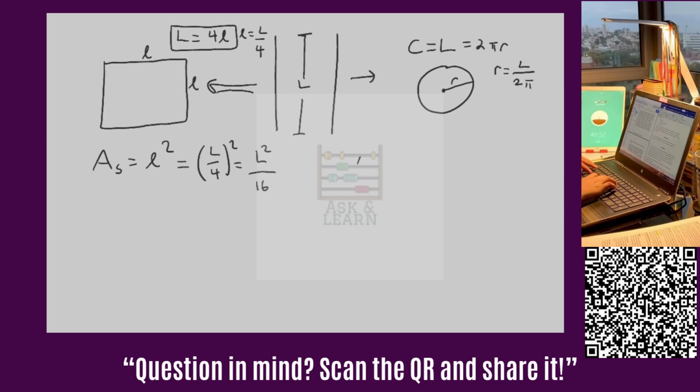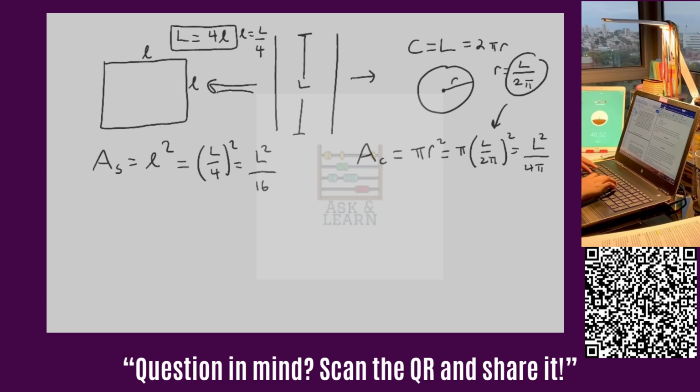Now, the cross-sectional area of our circle is going to be pi r squared, of course, because that is the area of a circle. Plug our new expression for r in here, L over 2 pi, and square it. And we see that the cross-sectional area of the circle, in terms of the length of our wire, is given by L squared over 4 pi.